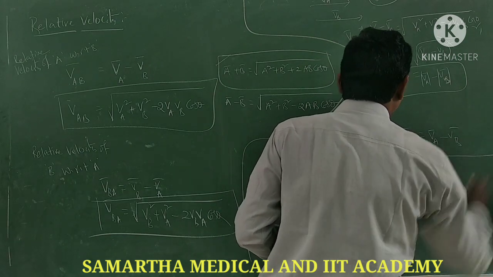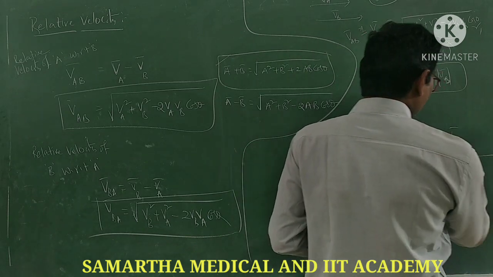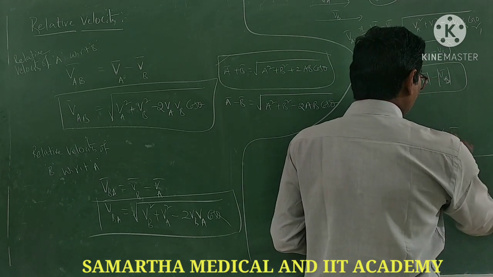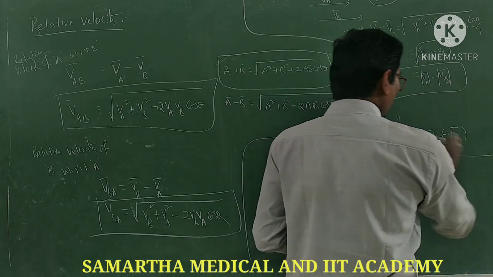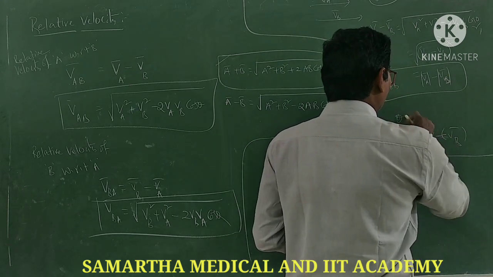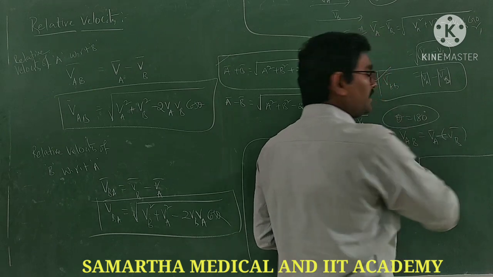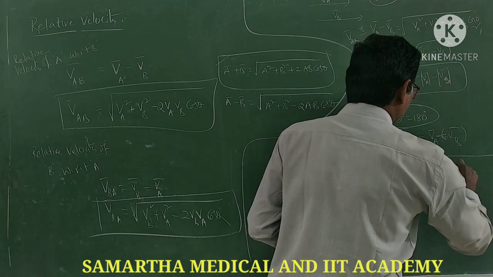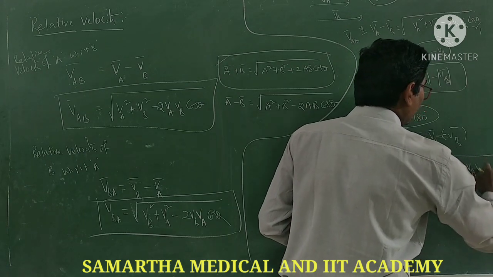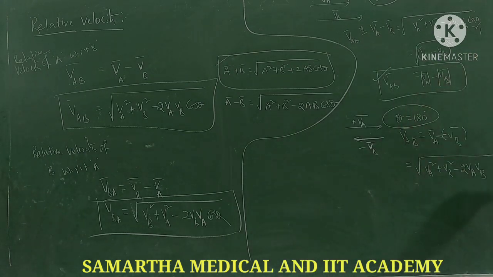Opposite direction means theta is 180 degrees. Substituting, we get the square root of VA square plus VB square minus 2 VA VB cos 180.